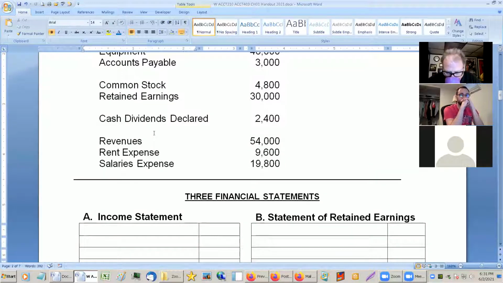Out. Yeah, and that's all the income statement is. It looks a little strange maybe in the format, but it's what comes in versus what goes out. What comes in, we call those revenues.